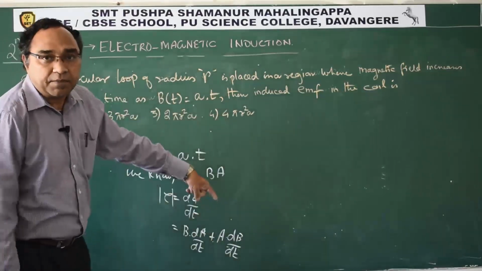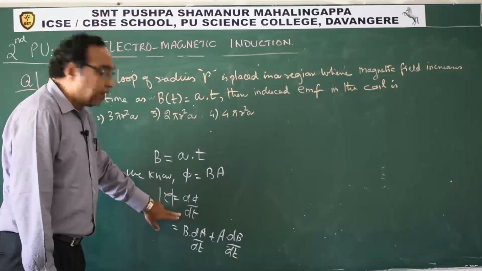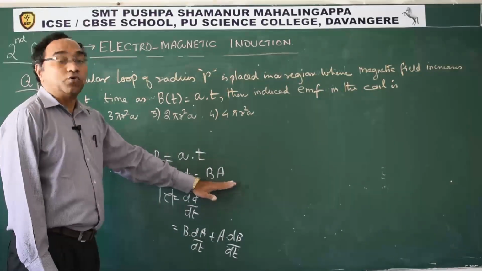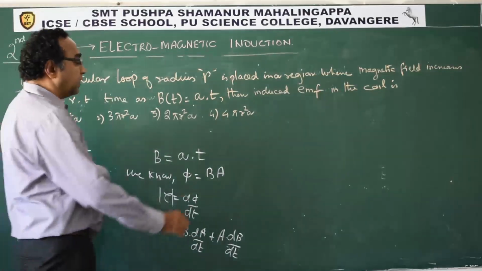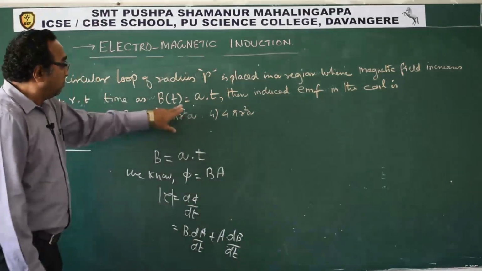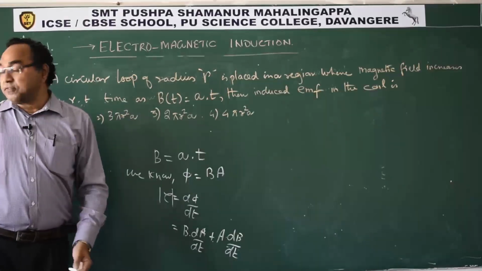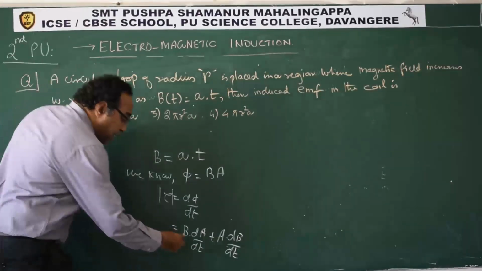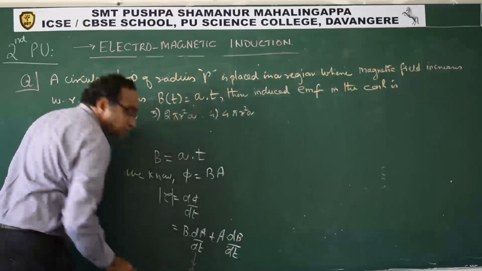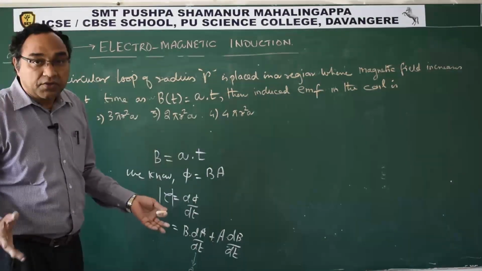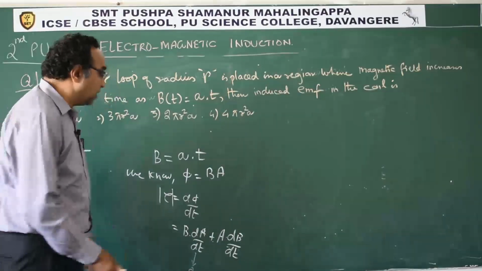We have seen this in the previous class also. By using the product rule of differentiation, the u into v rule, we got this. Now here, B is changing, area is not changing, which means that dA by dt will become 0. Why? Area is constant. So the differential of a constant is what? 0. So dA by dt will become 0.